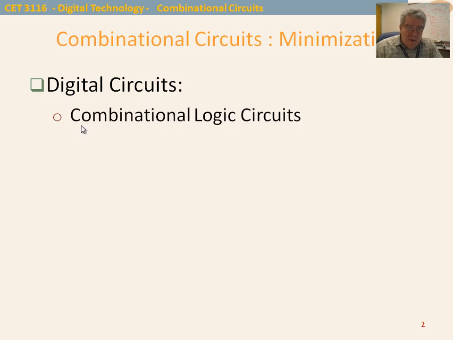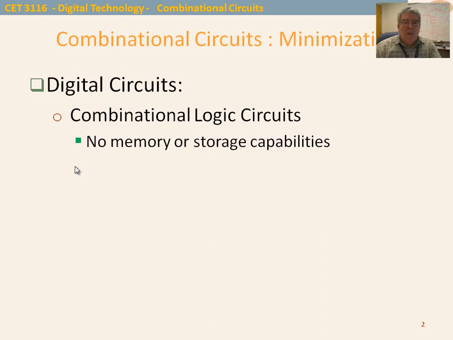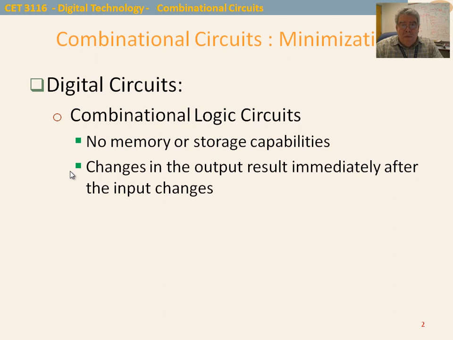Before we enter into that, just to remind you that we classify our digital circuits into two different categories, at least for this class. One is combinational logic circuits, in which we don't have any memory or storage capabilities, and the changes in the input determine the output.